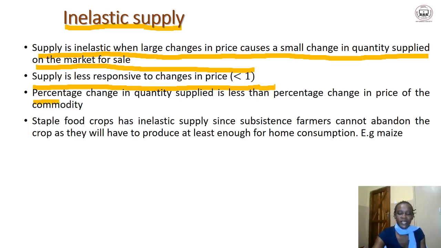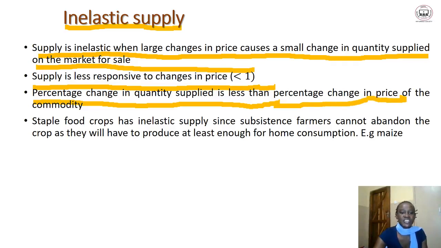And when calculating price elasticity of supply, you find that the percentage change in quantity supplied is less than the percentage change in price of the commodity. Therefore, you find the price elasticity of supply, which is inelastic, to be less than 1.